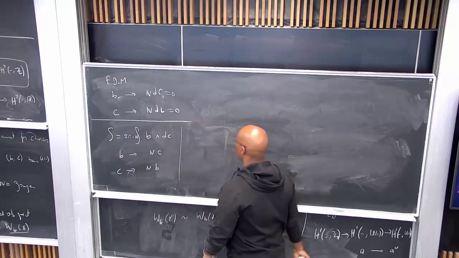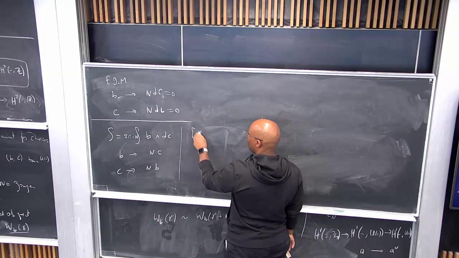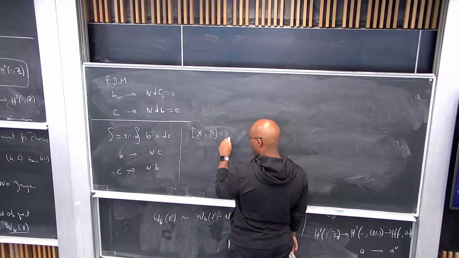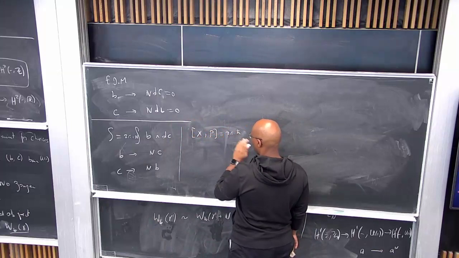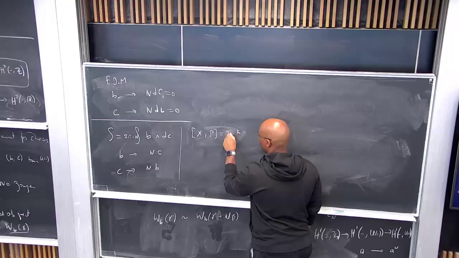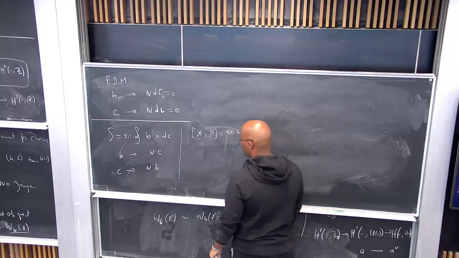We have the famous relation in quantization that if I have a variable and look at its commutator with its conjugate momentum, I get 2 pi times i times h bar. So this is what we mean by quantization in the simplest case.